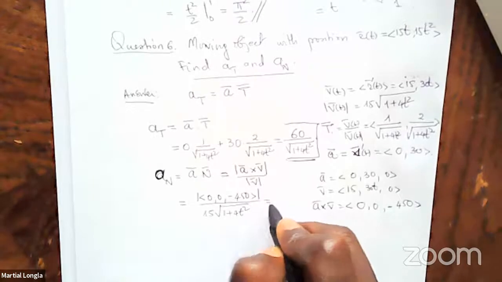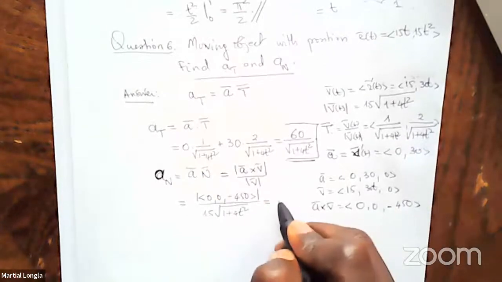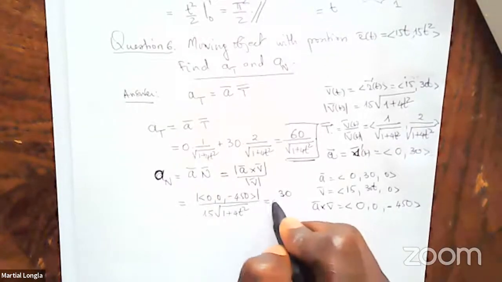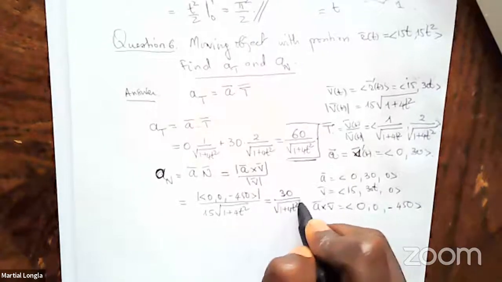And this is equal to 30 over square root of 1 plus 4t squared.